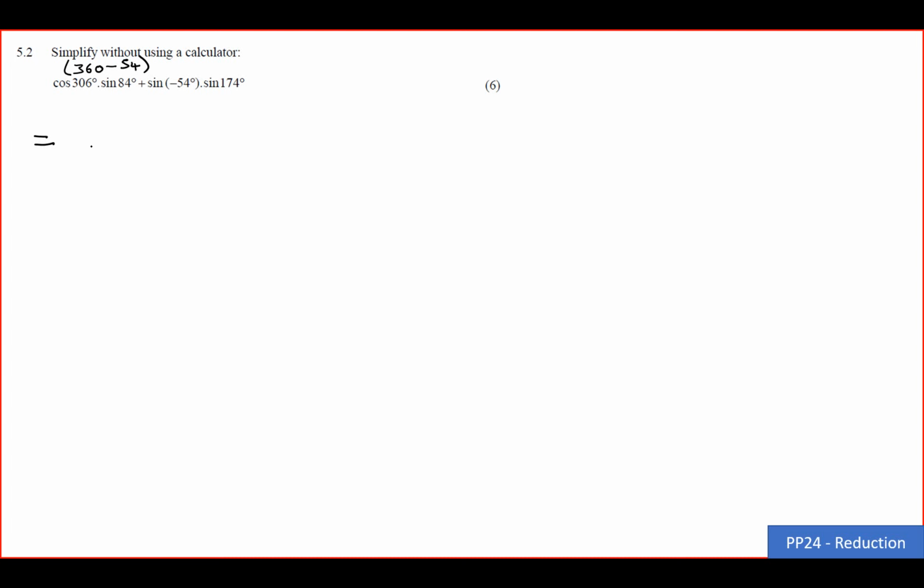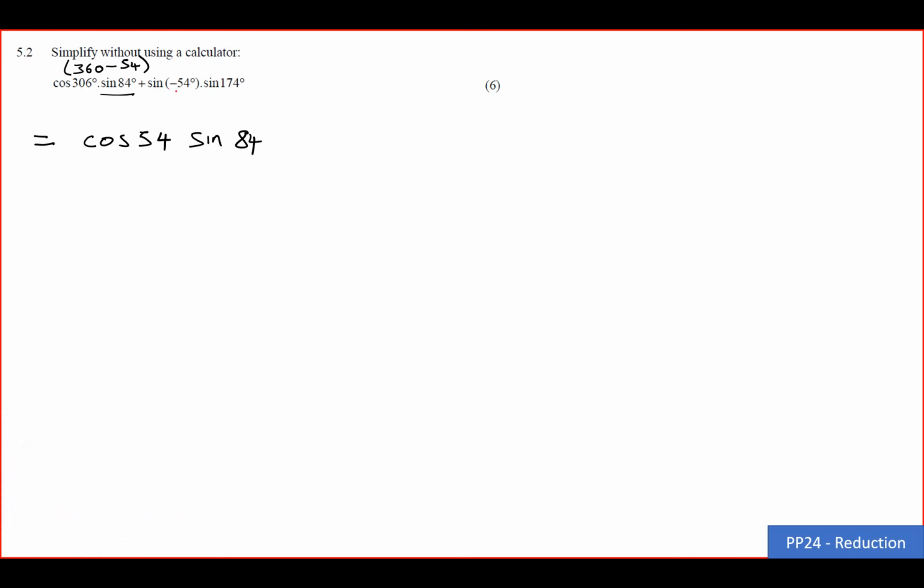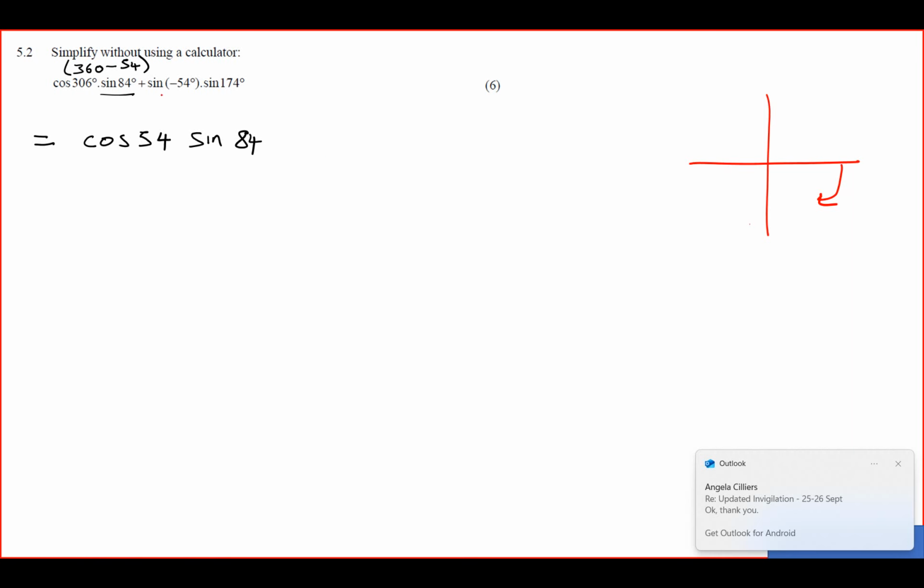And remember, that's in the fourth quadrant where cos is positive, and that becomes cos 54. We're going to bring down the sine 84, and then we have sine of minus 54. We're going backwards, which means we're in the fourth quadrant, and sine is negative in the fourth quadrant, giving you minus sine 54. Or you could just add 360, so 360 minus 54 is in the fourth quadrant.